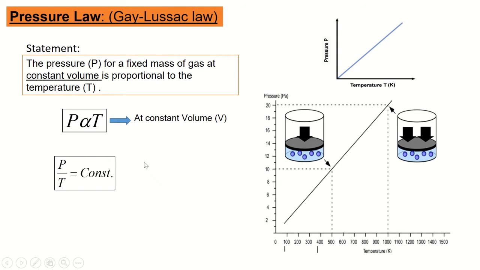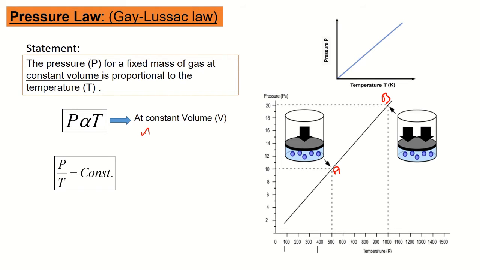Now we apply this formula on this graph. What this formula is saying, we can take 2 points. Say this is point A here and this is point B here.